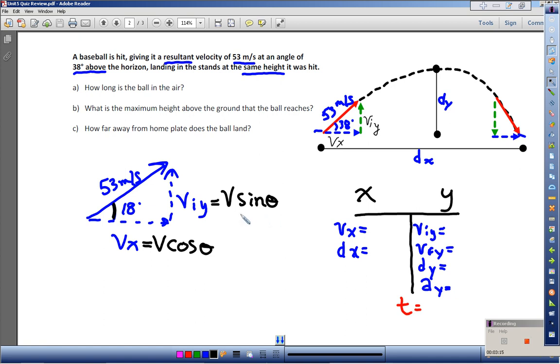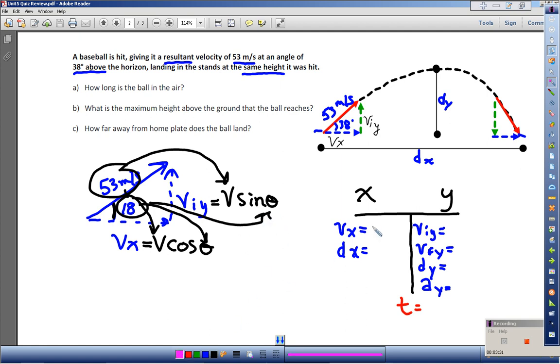If you were to work these out, plugging in 53 meters per second for the resultant of each one, and 38 degrees for the angle of each one, then you should find that the horizontal velocity is going to be 41.8 meters per second.